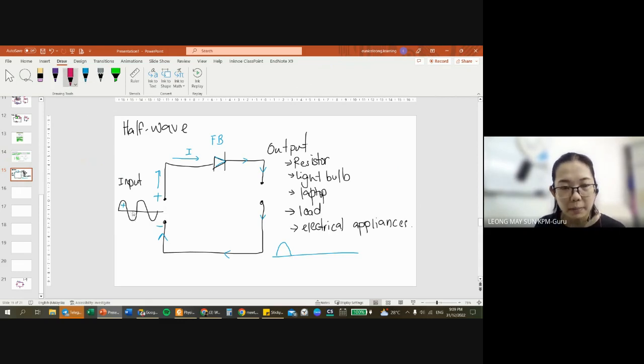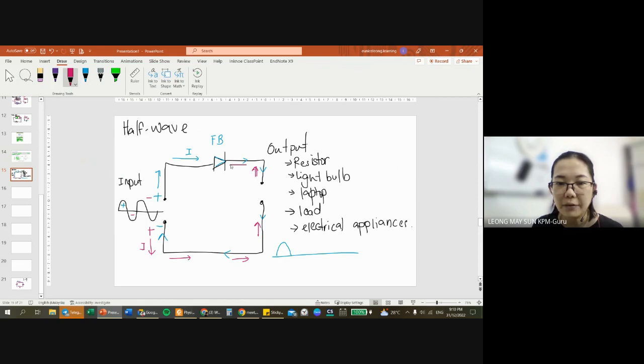When the bottom half, which is the negative half of the alternating current, appears, which means the bottom part is positive and the top part negative, it has switched the terminal already. So current will start to flow from the positive terminal, passing through the output. But in order for me to draw down here, my arrow needs to reach the negative terminal, which is over at this side.